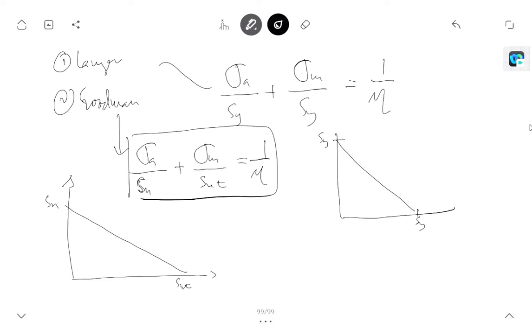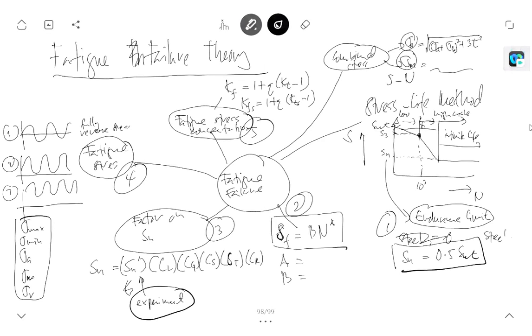This is sigma M, mean stress, and this is sigma A. So this is the safe region and the fail region. Right, this is what we learned last week.